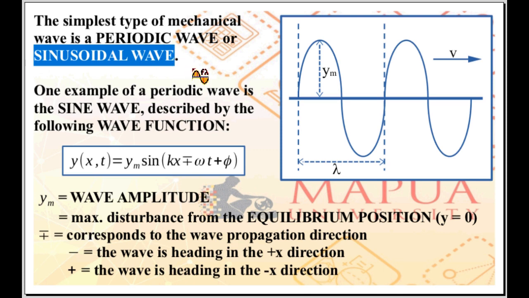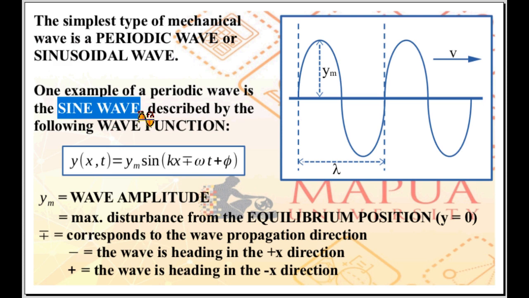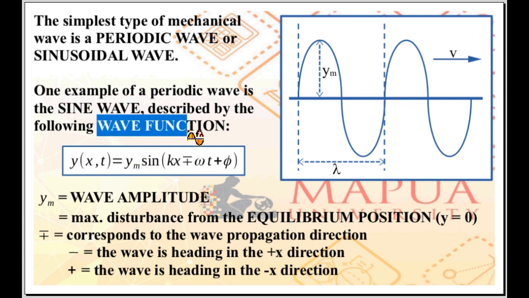As a sinusoidal wave, any sinusoidal function may be used to describe the wave. As such, one example of a periodic wave is the sine wave, wherein the sine function is used in the wave function. The wave function is an equation that describes the appearance or shape of the wave as well as the motion of the wave.